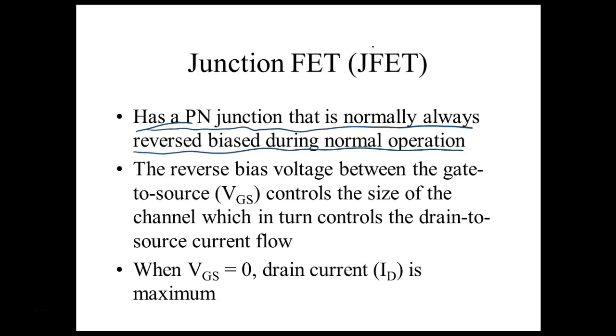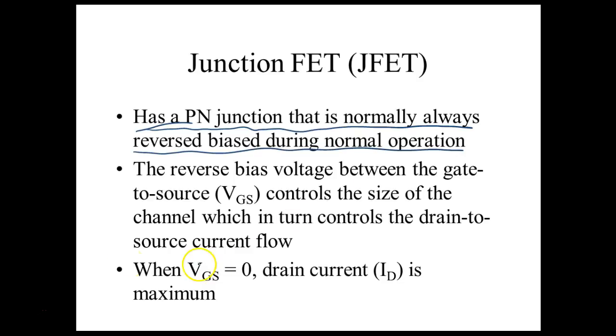Or we could also check the same junction between the gate and the drain. The reverse bias voltage between the gate and the source controls the size of the channel, which controls the drain to source current.